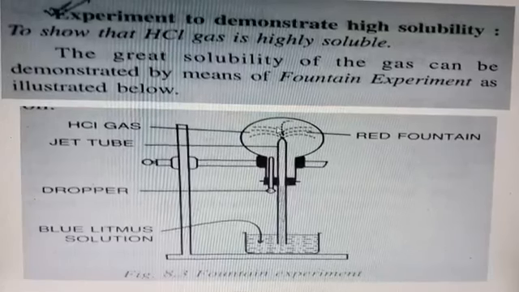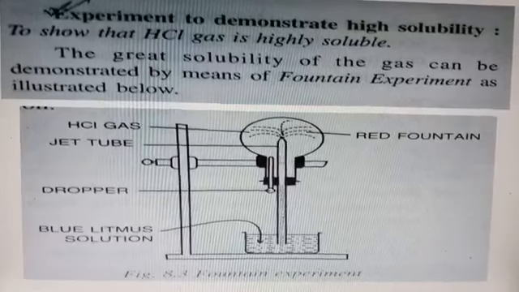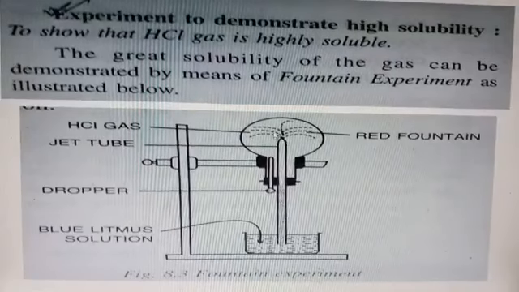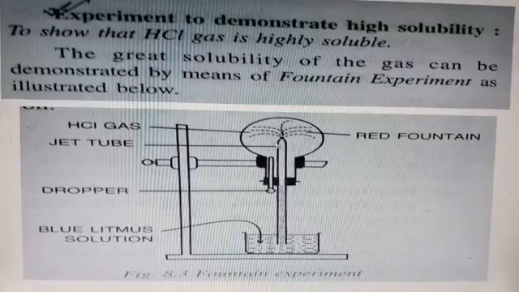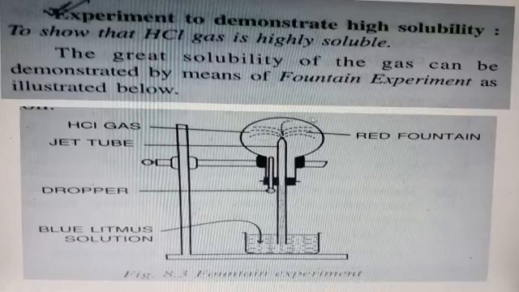Blue litmus solution enters the jet tube with a great force, forming a red fountain. Here is the blue solution going up, and inside the round bottom flask you can see a red fountain.